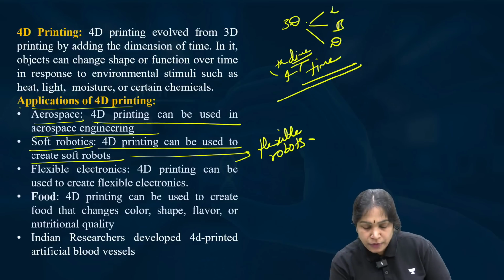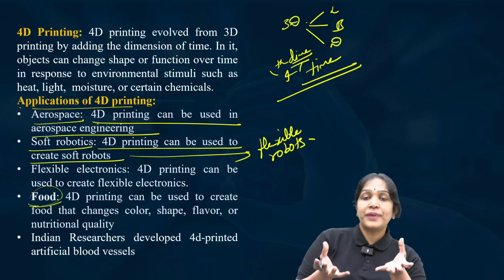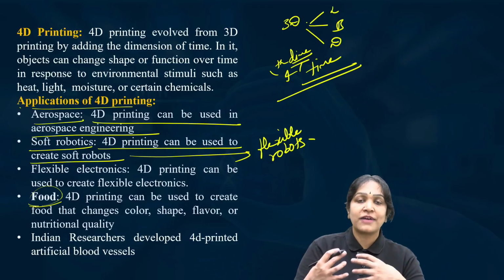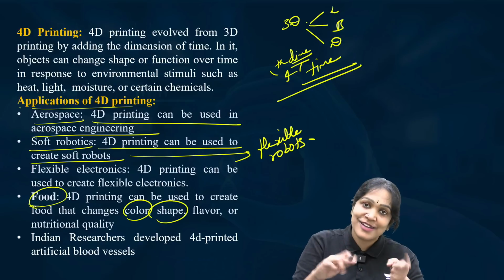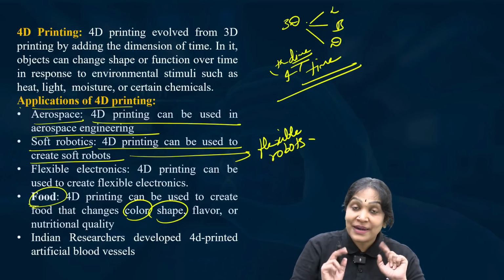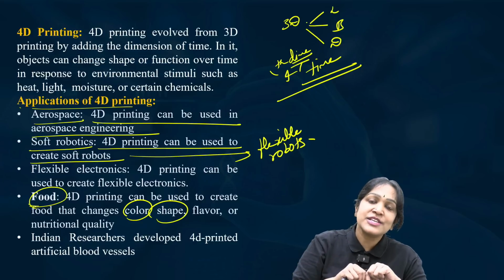Next, food. As I told you, the cake that can change color. Say you printed out one model of a car-shaped cake. If it is a 4D printed cake, it will change the shape of the car.